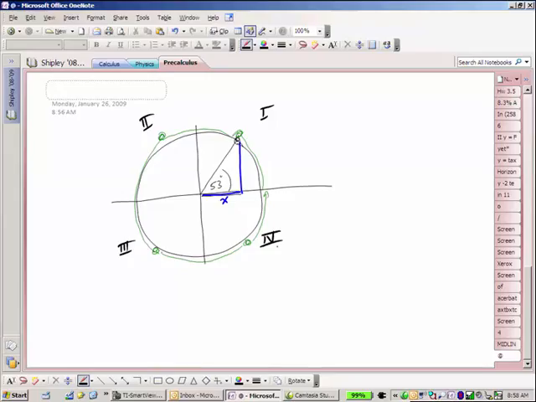Which two quadrants have the same cosine? 1 and 4. Cosine is positive in the first quadrant and in the fourth quadrant. It's negative in the second and third. Does that make sense with left being negative and right being positive? Is that okay?